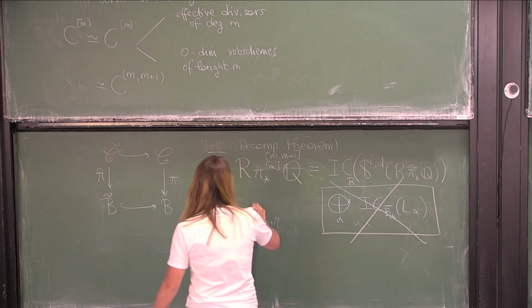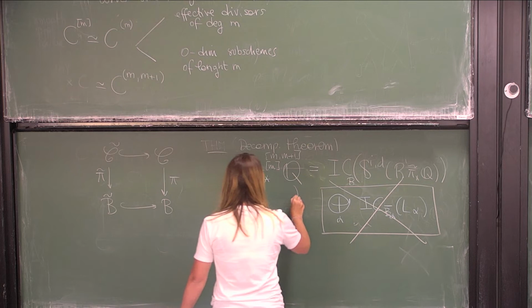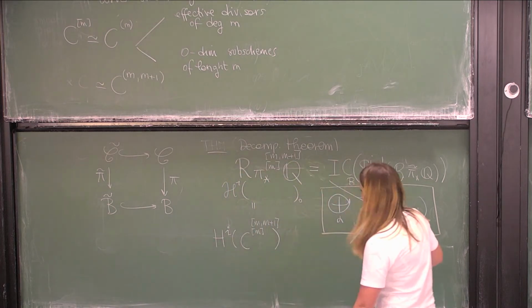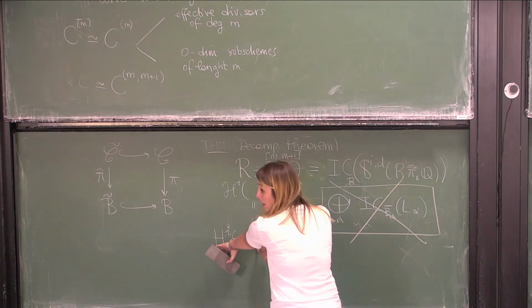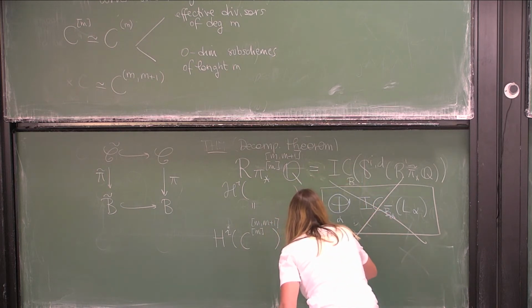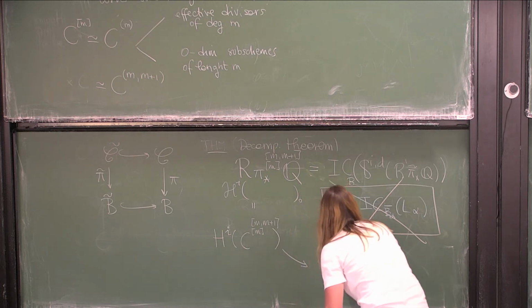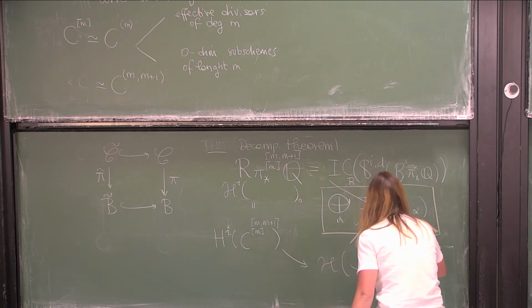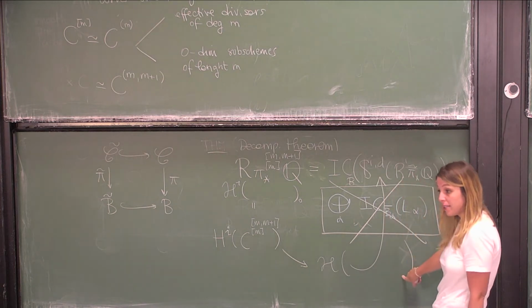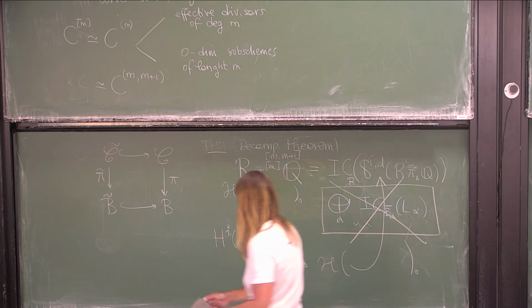And this is precisely the stalk of this guy at 0. So to compute this one, I will have to compute the cohomology sheaves of this summand at 0, but these are computable, and we will see how we compute them, okay?